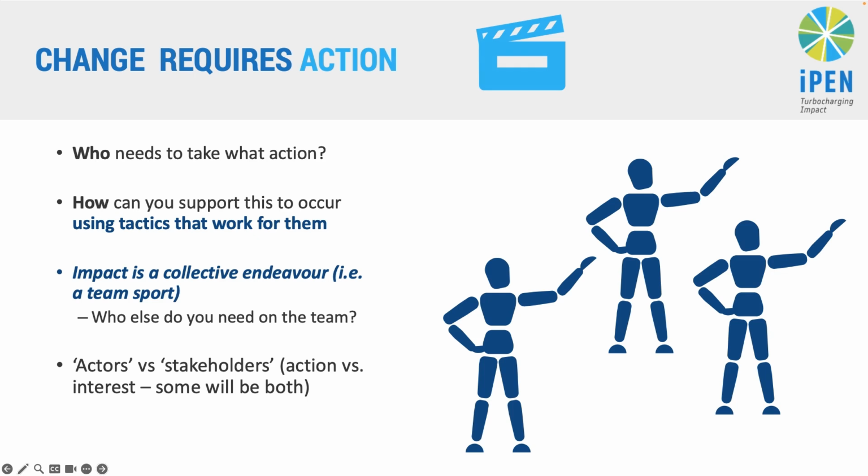This is all about understanding there's a subtle difference between taking action and being interested. Some stakeholders may also be actors to support the impact pathway to occur, but in some cases you will have stakeholders who are interested in what's happening but will have very little to do with supporting the action to occur to support the change process.